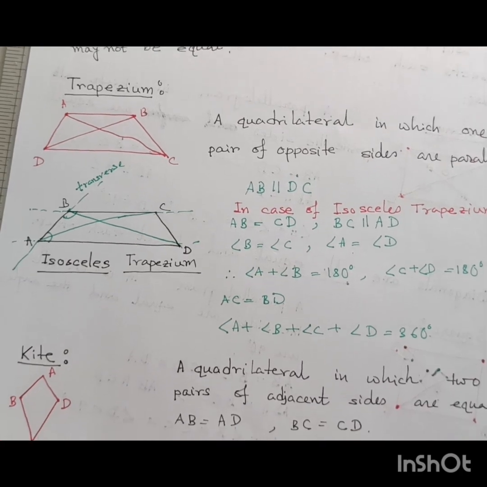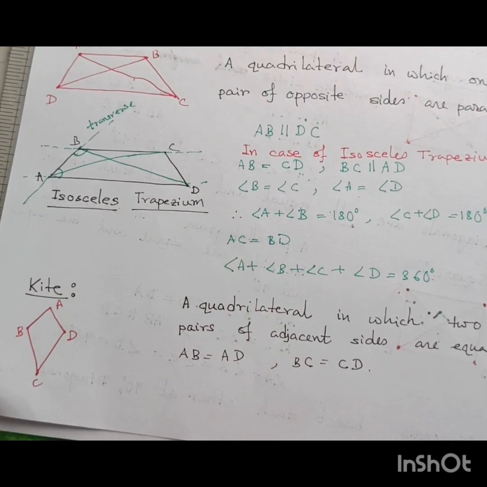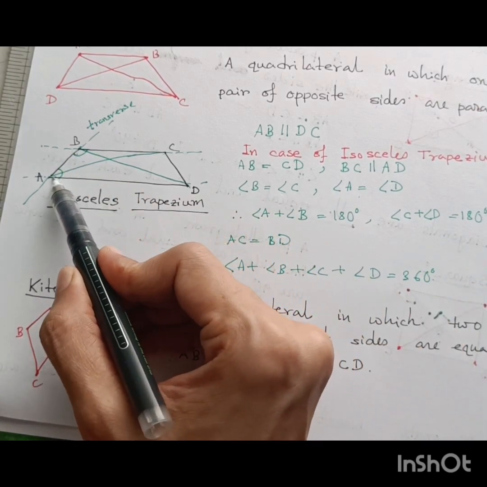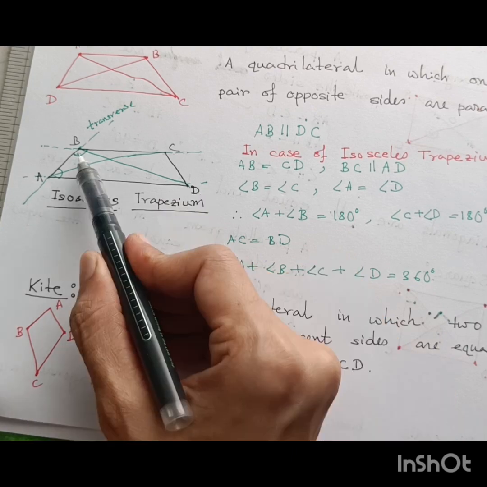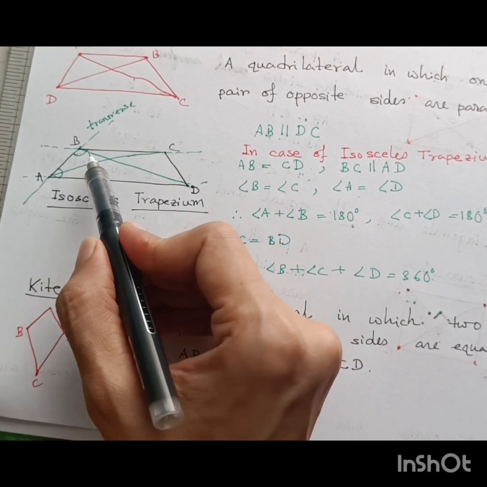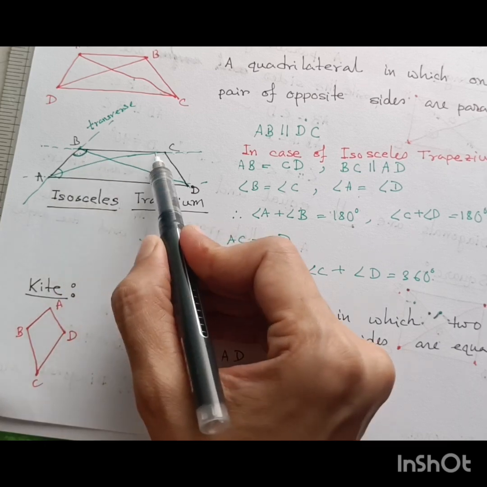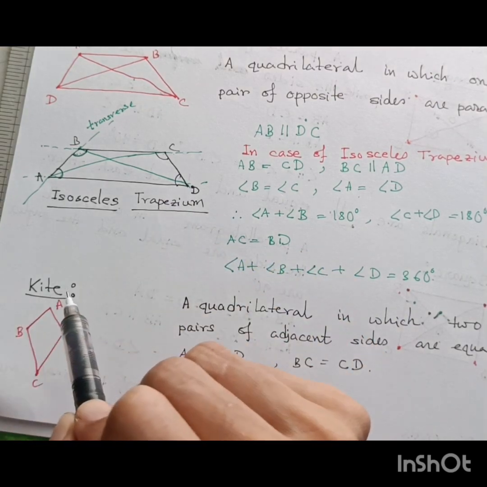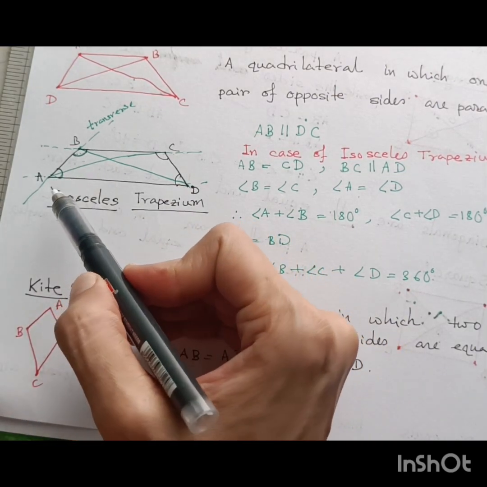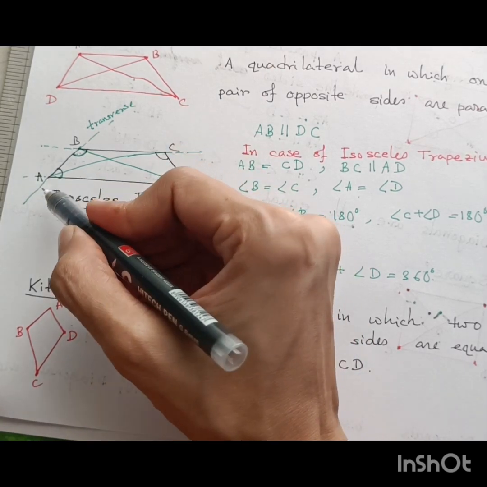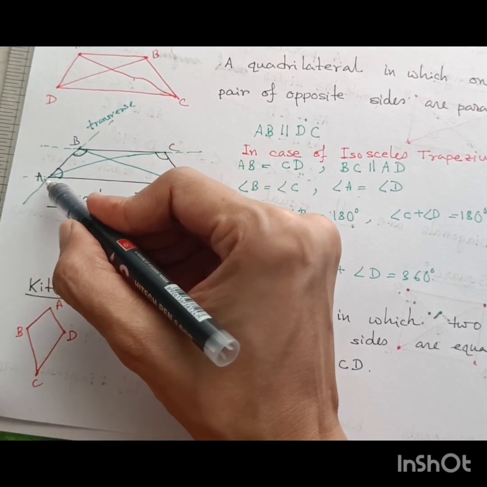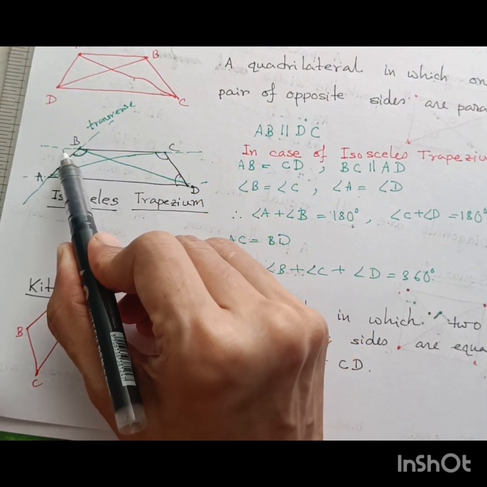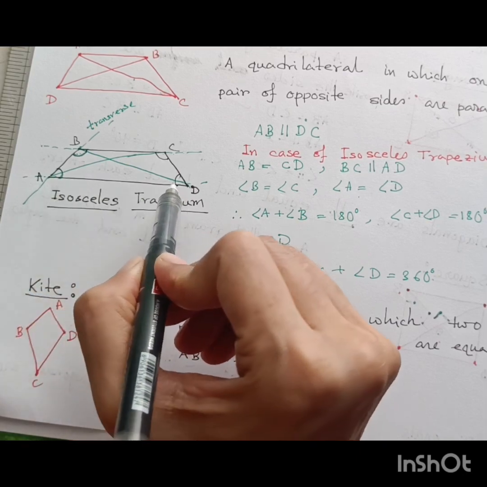And a special case of trapezium is isosceles trapezium. In the case of isosceles trapezium, AB equal to CD, and the angle B equal to C and A equal to D. And here I have drawn AB extended and also extended BC and AD.